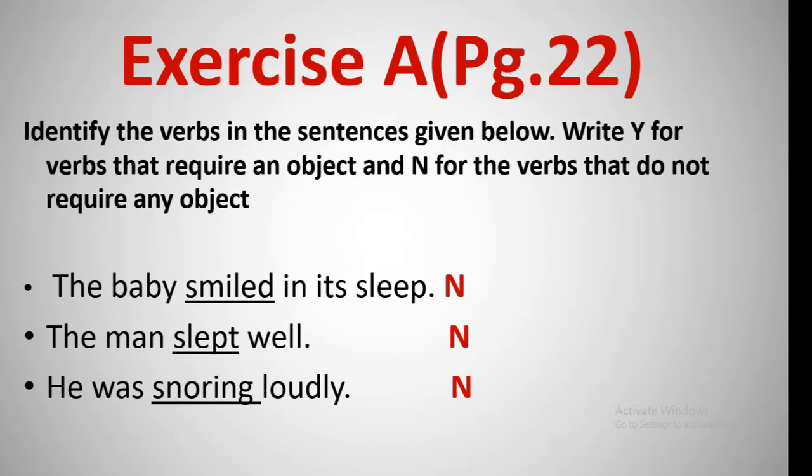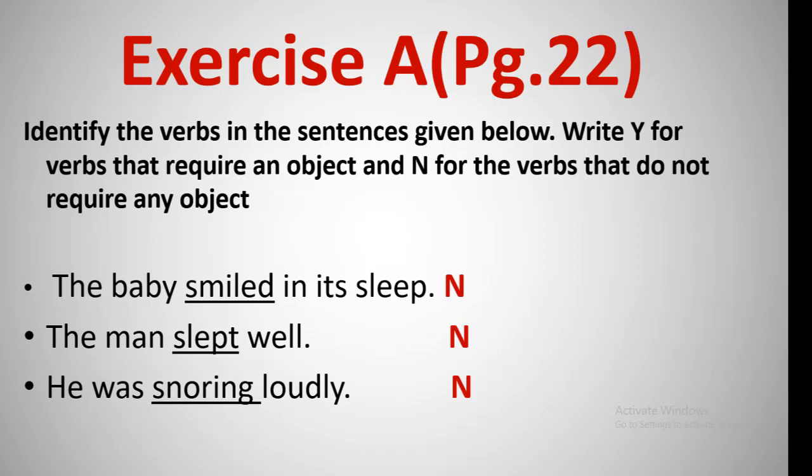In this exercise, you have to identify the verbs in the sentences given below, and you have to write Y for verbs that require an object and N for the verbs that do not require any object. Y means yes, N means no.